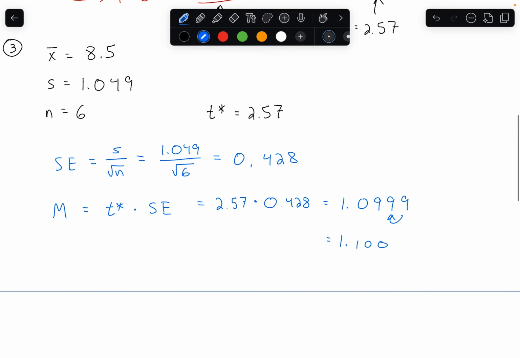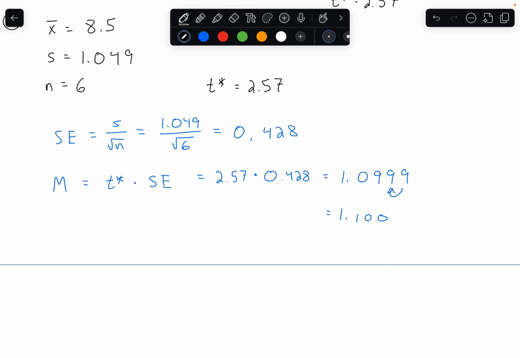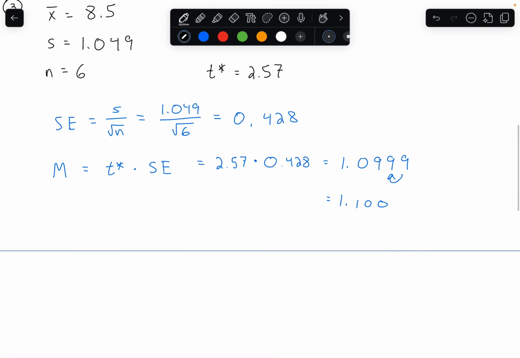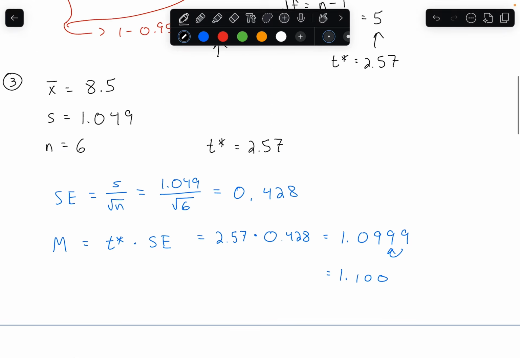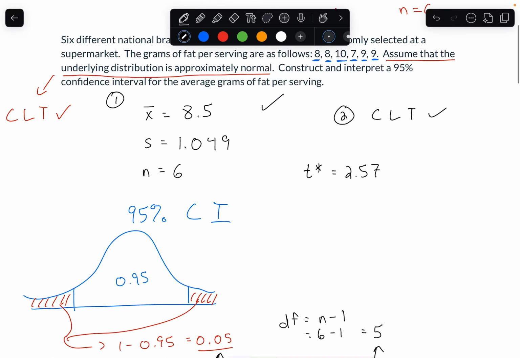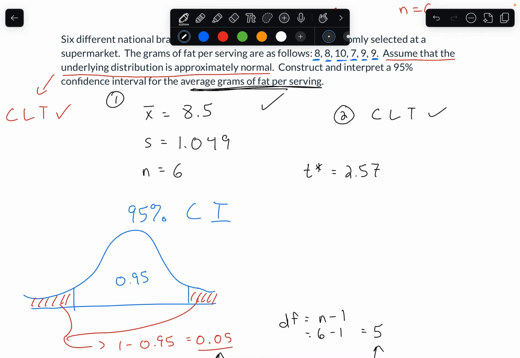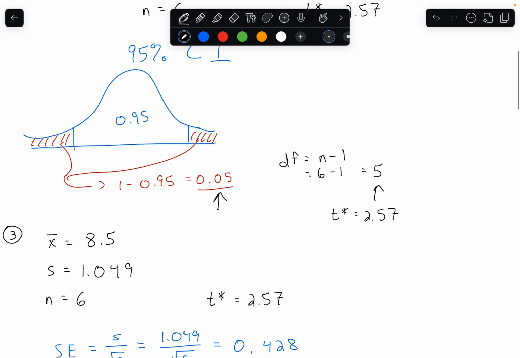And then I can now go and build my confidence interval. To actually build it, I take my point estimate, which is the thing I'm using to estimate my parameter, which in this case is the population mean. We would like to estimate the confidence interval for the average grams of fat per serving for all chocolate chip cookies.